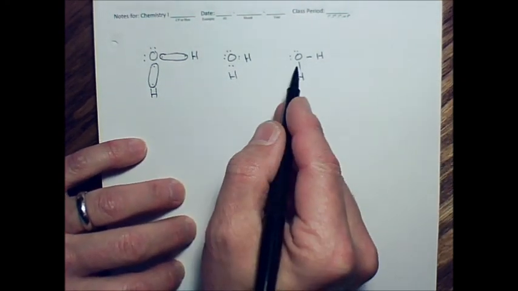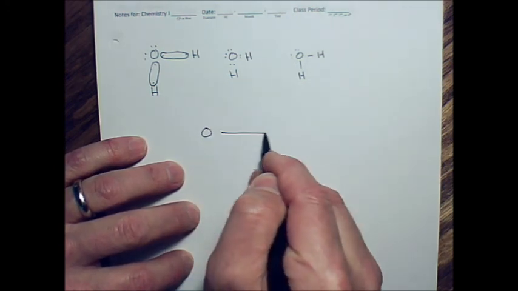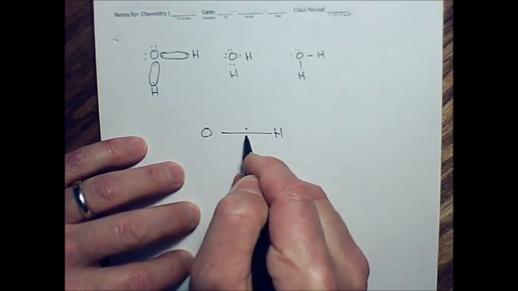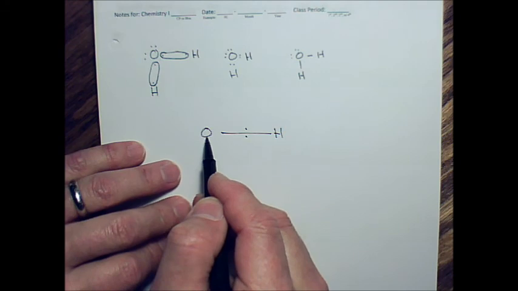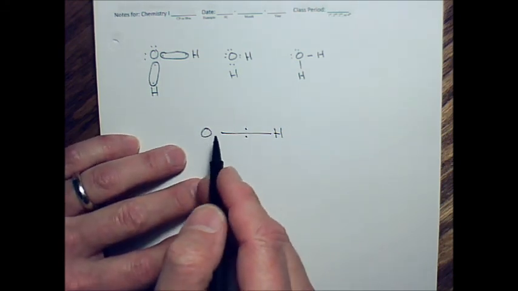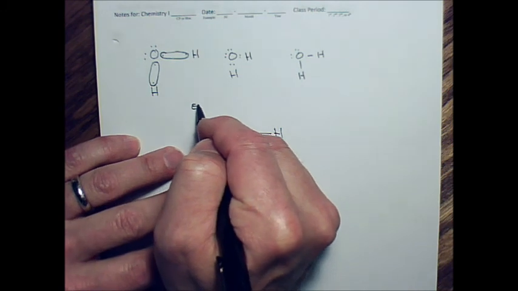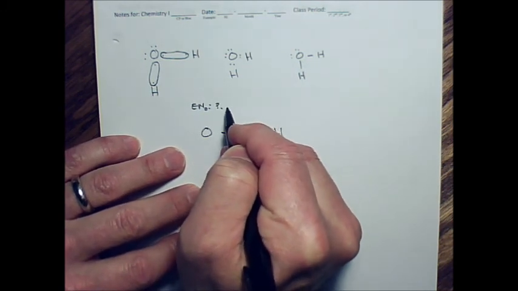But having said all that, let's imagine what's going on between this oxygen and this hydrogen. There's a couple of electrons in that bond. If oxygen is pulling harder on those electrons, and it is, it has a higher electronegativity. The electronegativity for oxygen is 3.44.